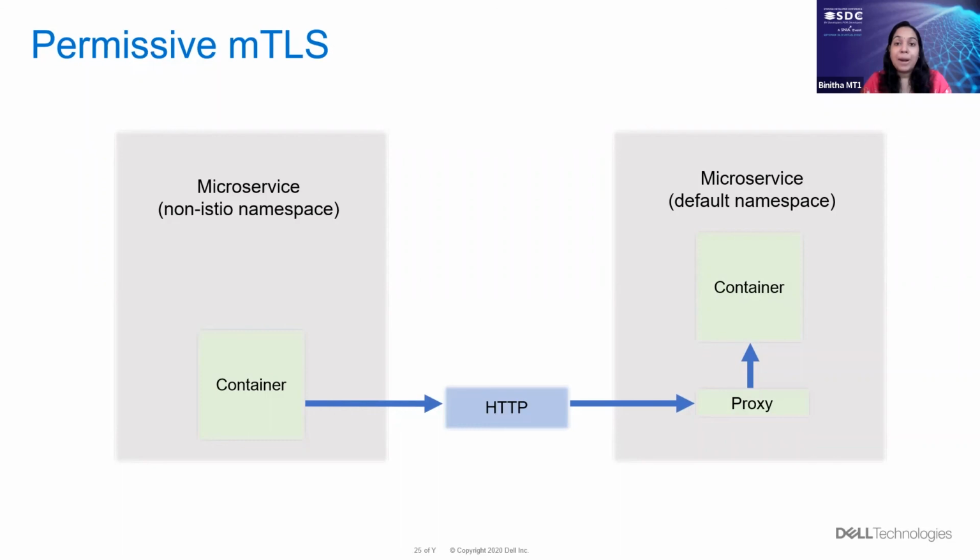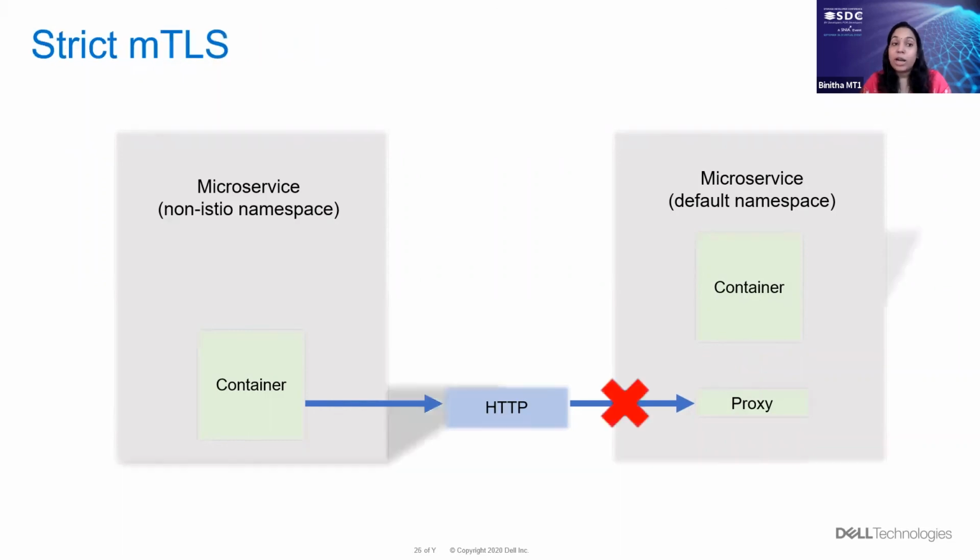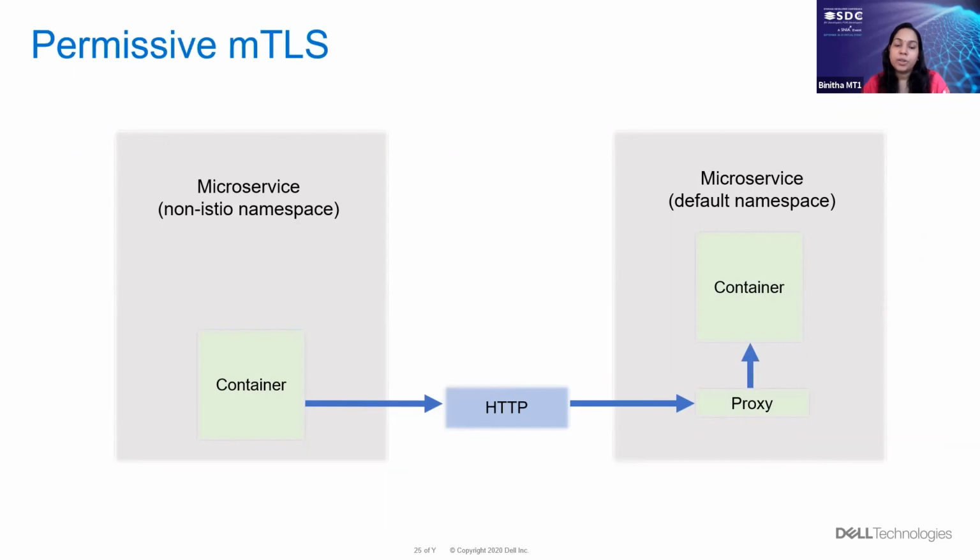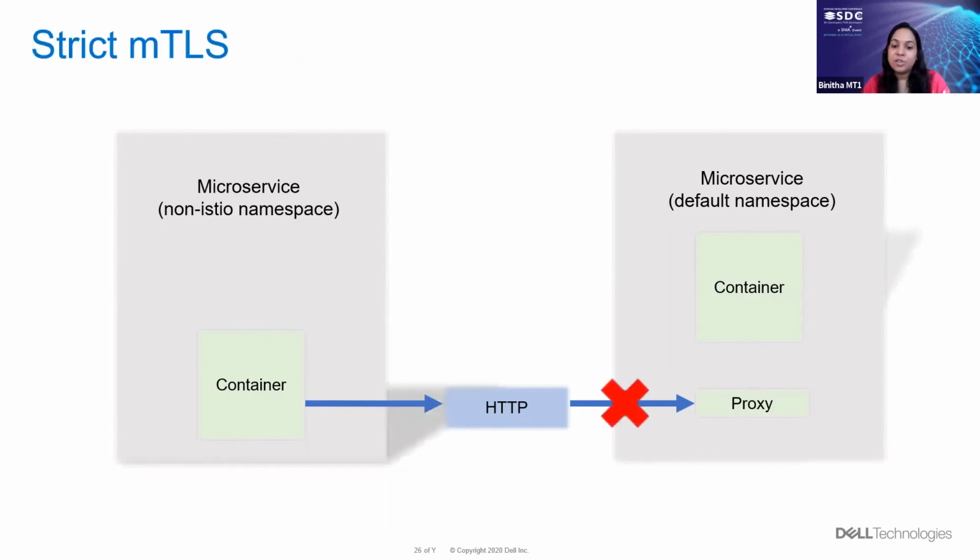But if you put your mode as strict, then unless the request comes from a default Istio namespace, your request is not going to be addressed. So depending upon where you are at that point in time, you can switch between permissive and strict mTLS.